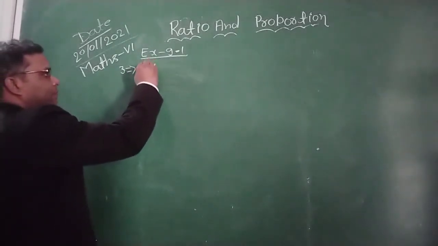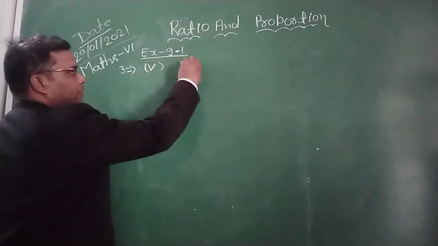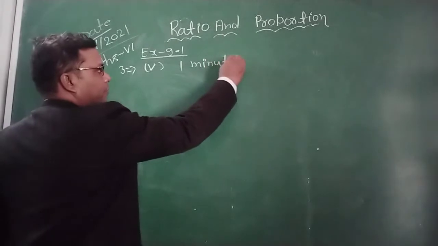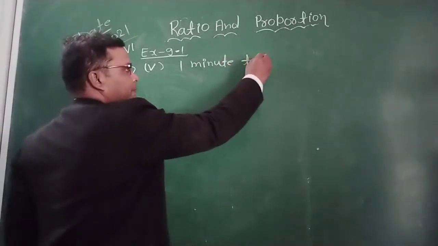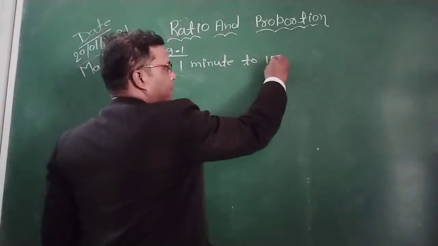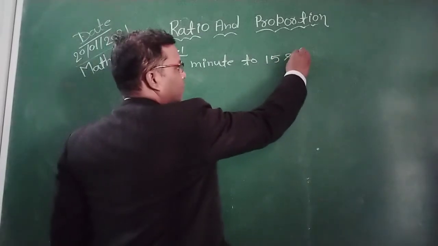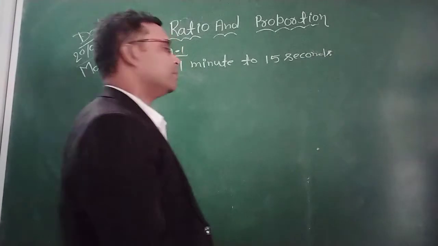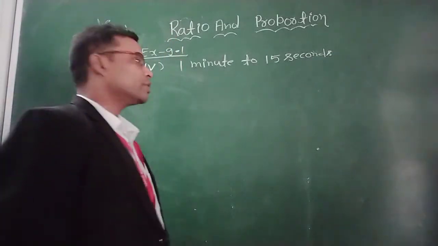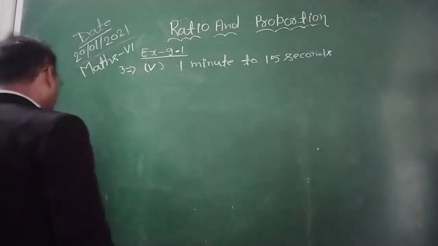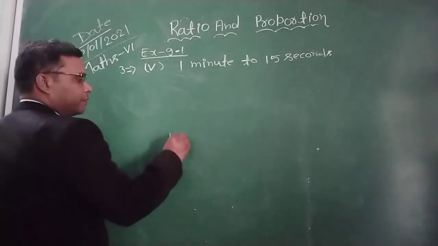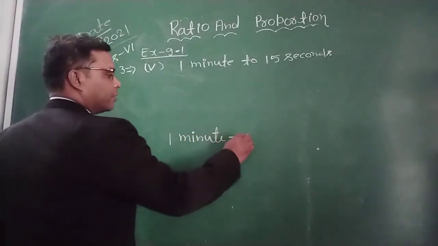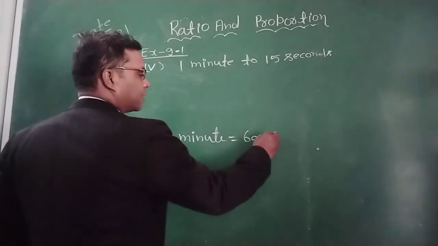This is the fifth part. 1 minute to 15 seconds. Okay, but student, you know very well, 1 minute is equal to how many seconds? 1 minute is equal to 60 seconds.